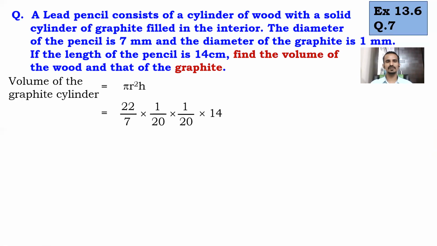We can divide first 7 and 14. It's simple division here. 7 twos are 14.